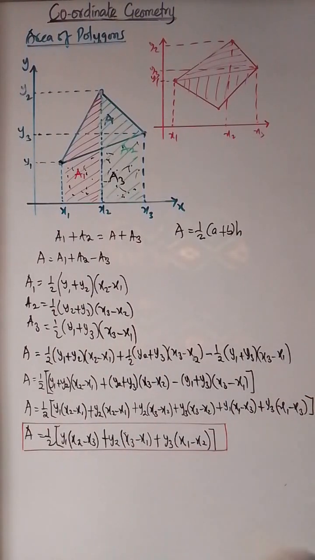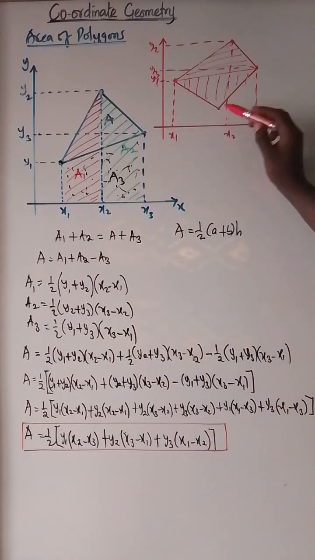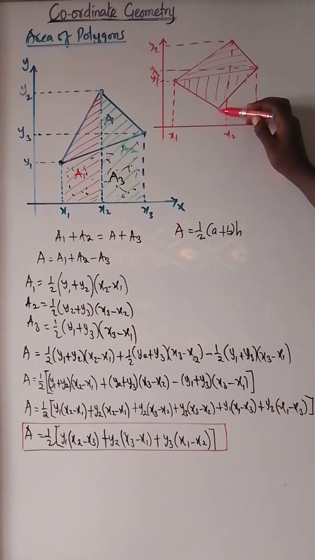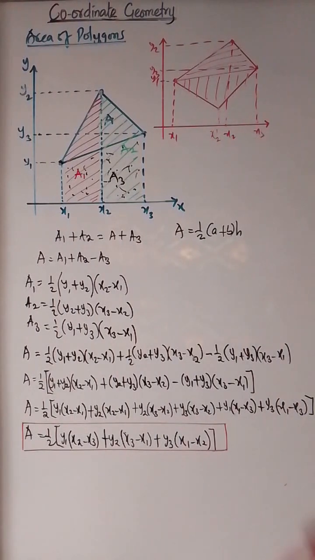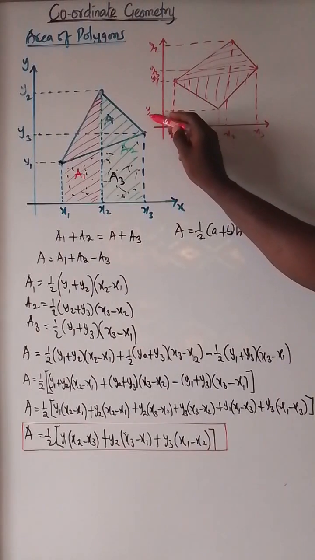So we can use this formula to get the area of the one above. Why for the one below? This is our x1, but this is now our x2. Our x3 remains. So this point will become our second x2. So we can write as what? x2 bar. And there will be what's here? y2 bar.